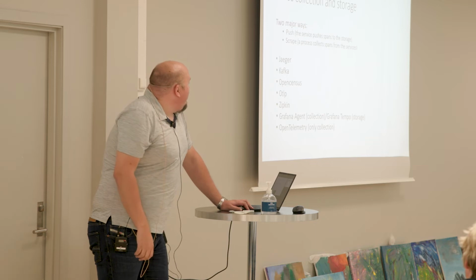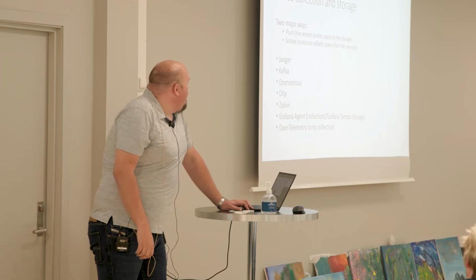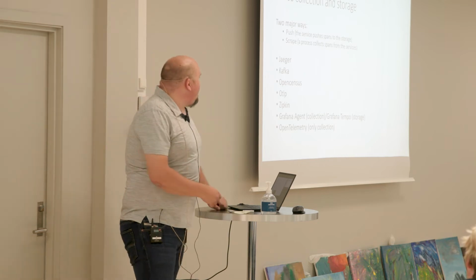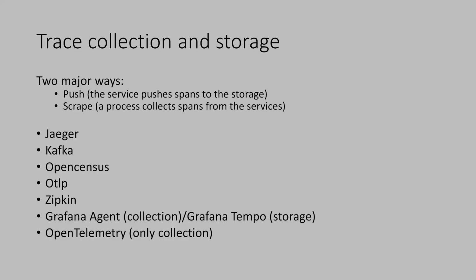OK, so you want to do tracing, so you need to collect it. Somehow you need to gather up the traces from the different systems. Like most things, there are several ways of doing it. You can have your programs or systems push the traces to a centralized system like Jaeger, Kafka or Grafana Tempo.